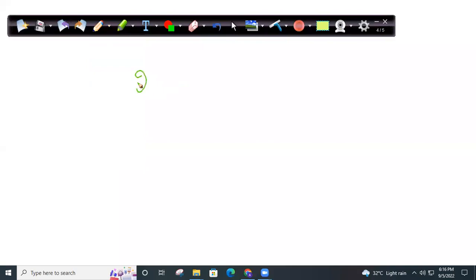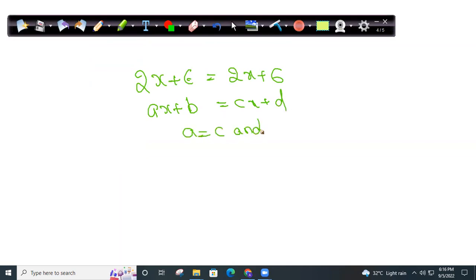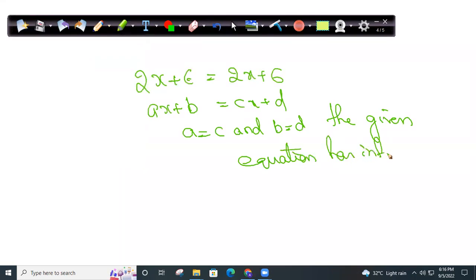It should be the same on both sides, like 2x plus 6 is equal to 2x plus 6. If it is ax plus b equal to cx plus d, a should be equal to c and b should be equal to d, then the given equation has infinite solutions.